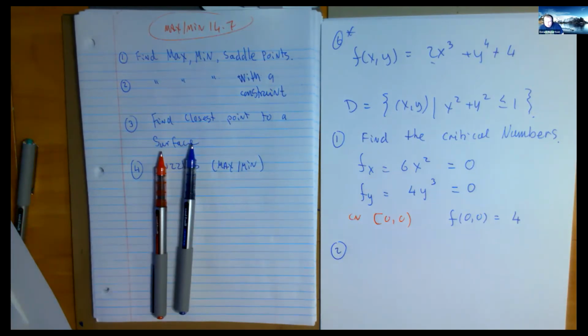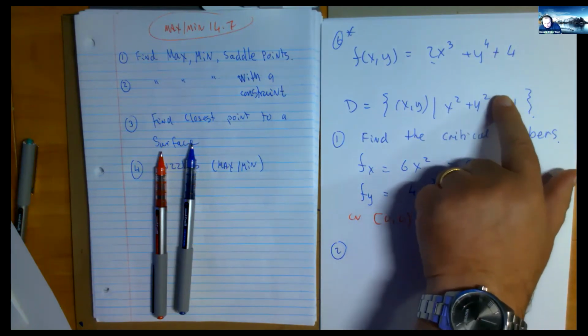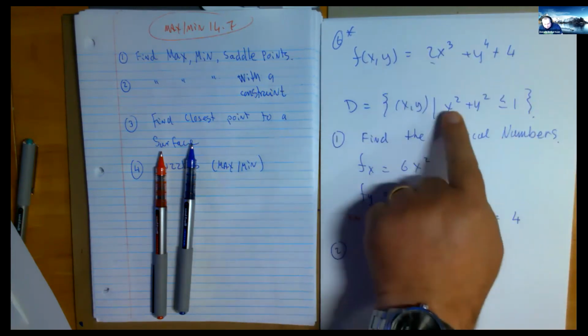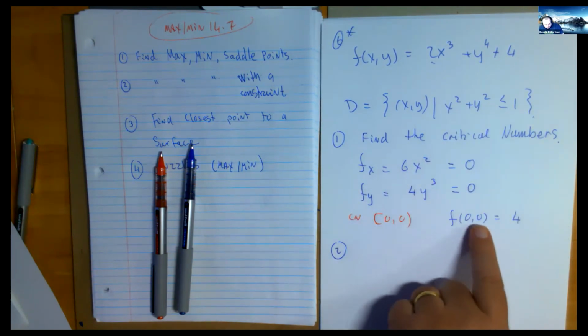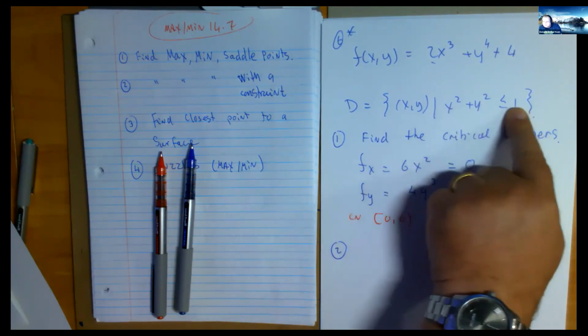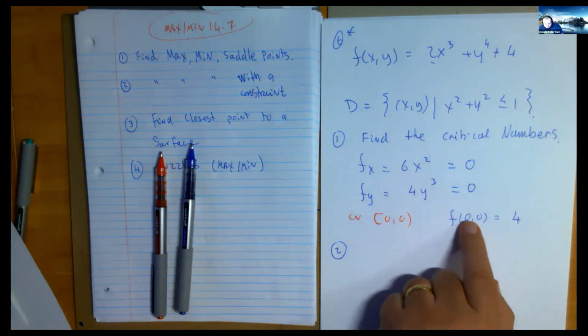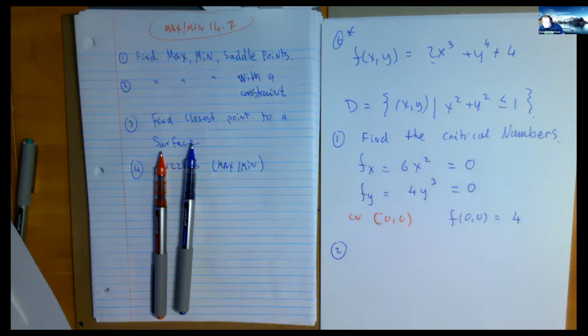In this question, the constraint was that x squared plus y squared had to be less than or equal to 1, which means you can only use this function provided this is true. Would you agree that (0, 0) is definitely inside this constraint? Can you imagine in a different world, this point ended up being (1, 1), just for argument's sake? Wouldn't (1, 1) be outside the constraint? It wouldn't be a usable value.